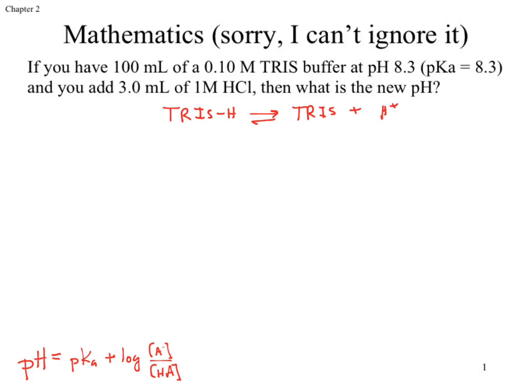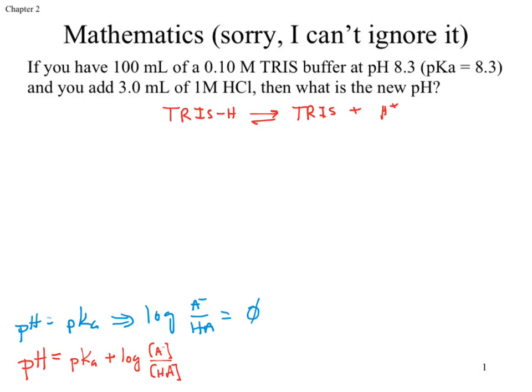That tells us the amount of moles to start with of our tris and tris H are the same, if we're at that pKa, or that pH to start with. So if the pH equals our pKa, then we know that the log of our base over our acid must be equal to 0.